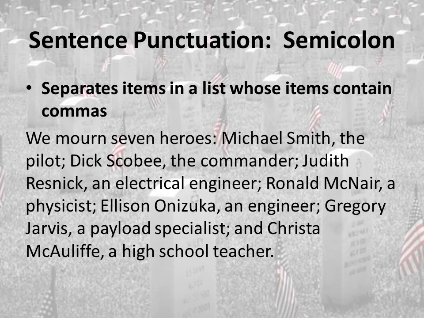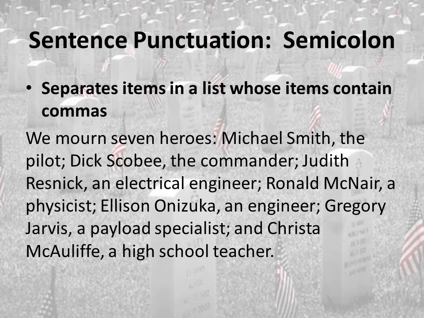Now, if you did not have the semicolons, it would look like there are 14 people being mentioned, possibly. Michael Smith, number 1, the pilot, number 2, but that's very confusing. So we have to keep Michael Smith together with his description, which is also an appositive, the pilot.